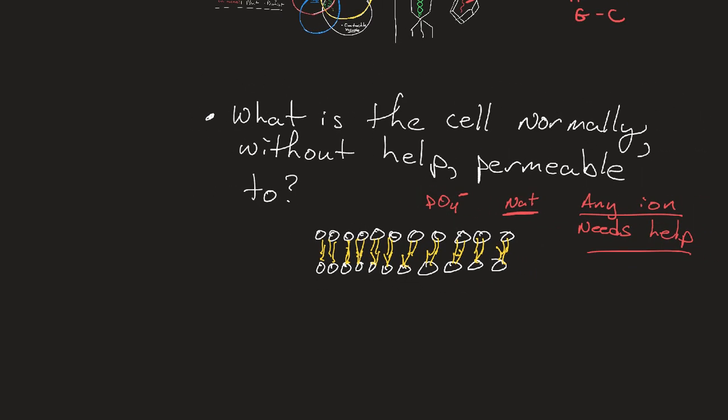At this point, you should know that water passes through somewhat, a little permeable to water, because water's so small, some of it gets through, very, very little, but it does go in and out of the cell membrane.